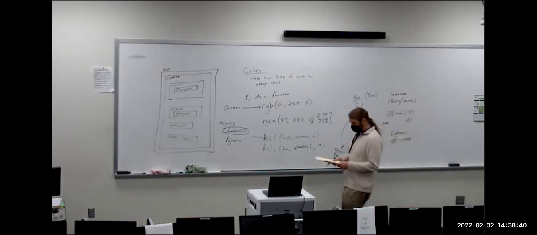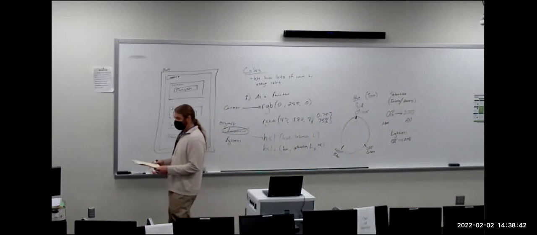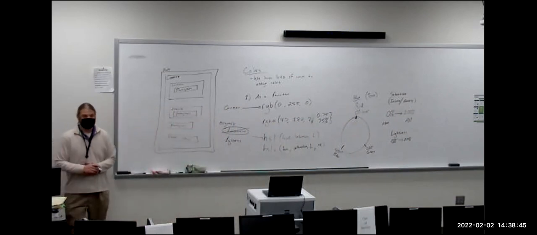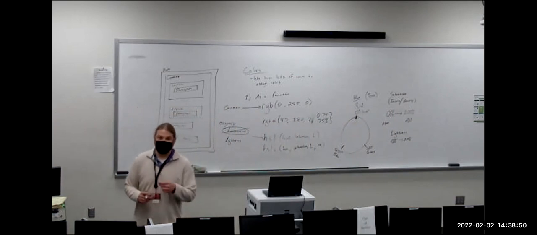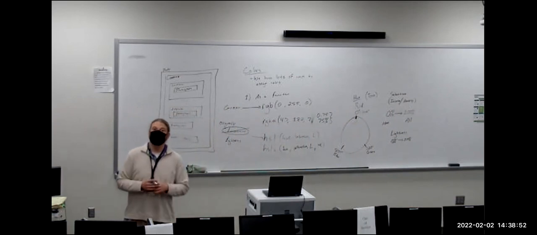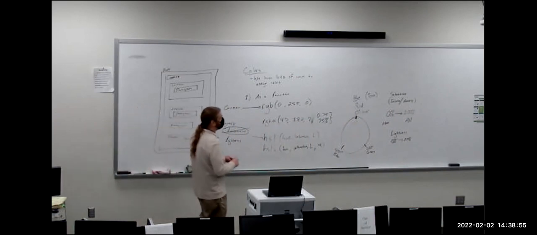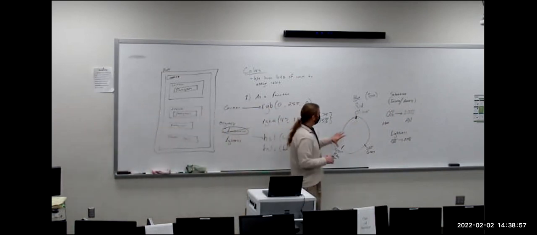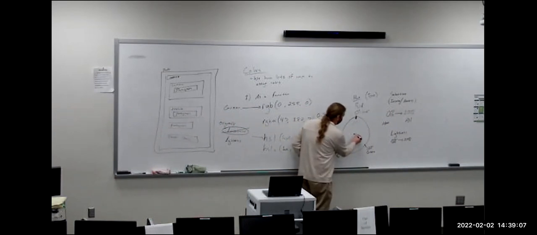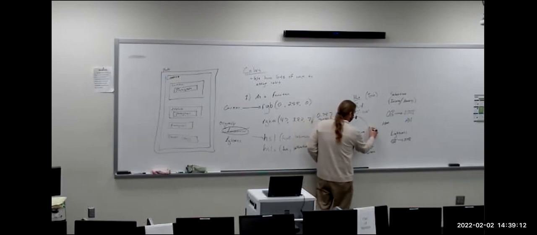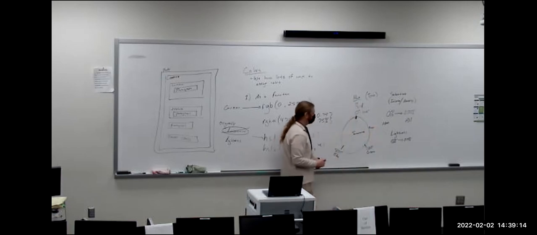And artists really like this one. I think everybody in this class is more in the programming pathway, but people who study the art aspect more really like HSL, because I think about this circle, and then our saturation is how far out from the center we are, from 0% out to 100%.